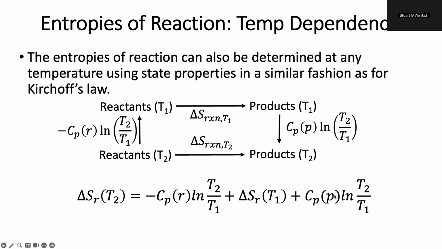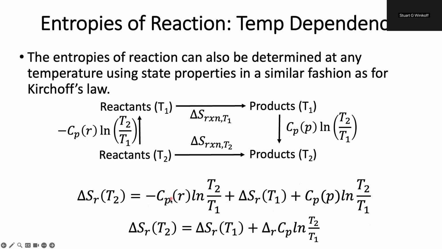It'll be the heat capacity of the products minus the heat capacity of the reactants, which is our good old friend, the change in heat capacities for a reaction. So notice this looks very similar to Kirchhoff's law. The only difference is we're dealing with entropies instead of enthalpies, and that instead of the delta T here, we have the natural log of the temperature ratio. So again, slightly different formalism built on the same principles, and it gets us a lot of the same information.